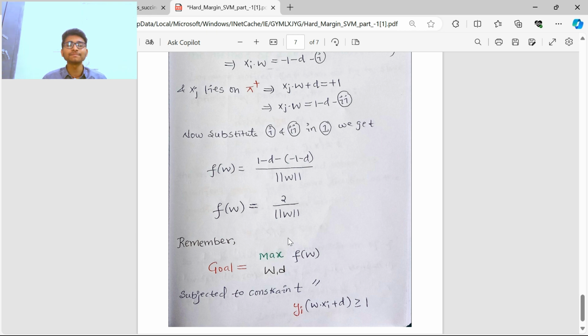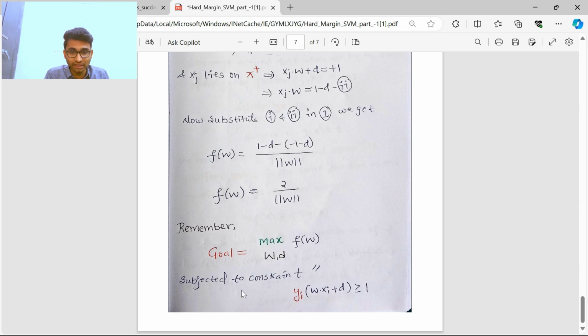Now what is our aim? What SVM is going to do is maximize this f of w. What is the meaning of this? What is our goal? Maximizing f of w: for what values of w and d will we be able to maximize this f of w, subject to a constraint. We have a constraint, guys.